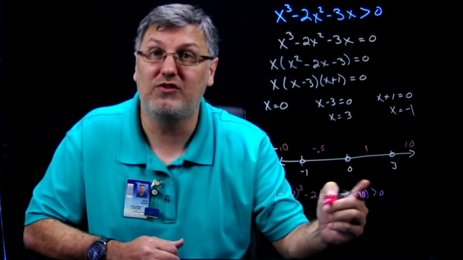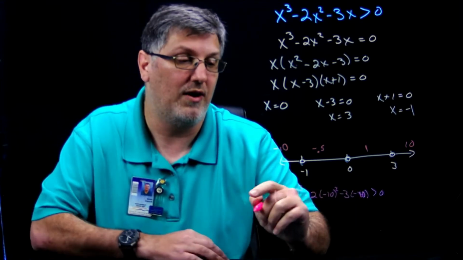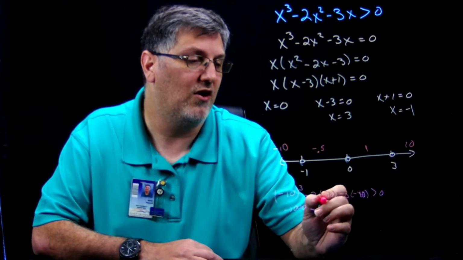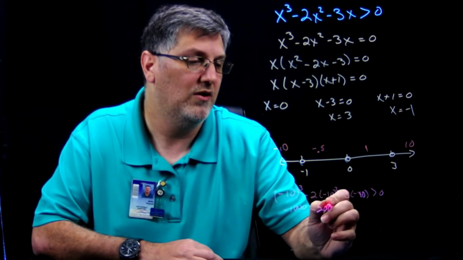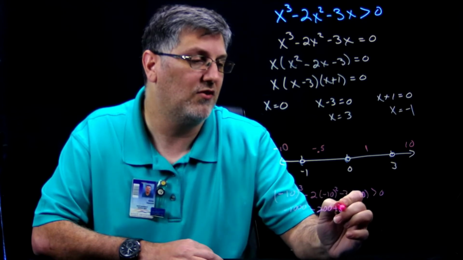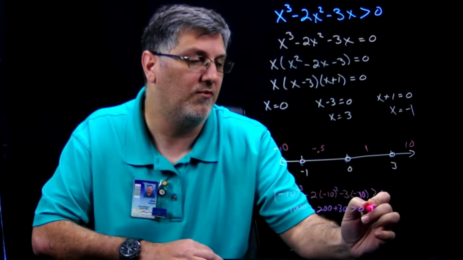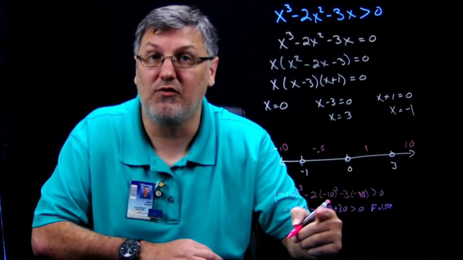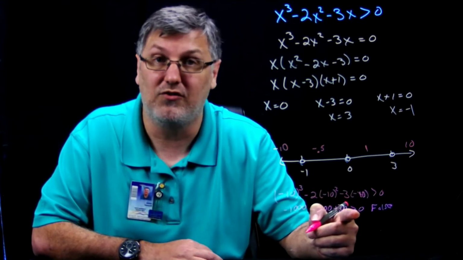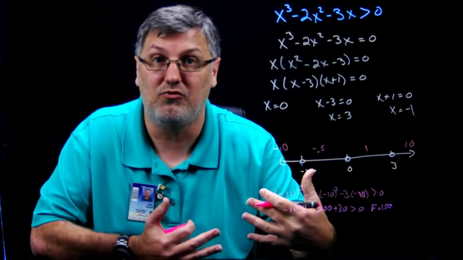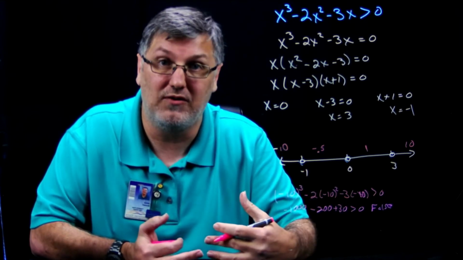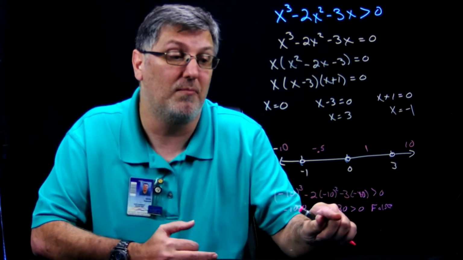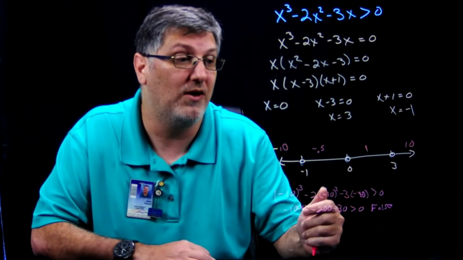So this is negative 1,000 minus, that's 100 times 2 is 200, and this is going to be plus 30, is greater than 0. Well, that's going to be false, because no matter how I do this, this is never going to be a positive number, because the only thing that's going to be greater than 0 is a positive number. This negative 1,000 is such a dominant number in this expression that it's never going to get to a positive number, because the only positive number I have is 30. There's no way I'm getting to a positive number.